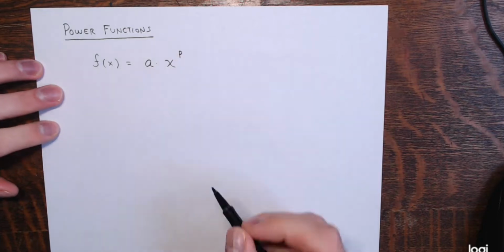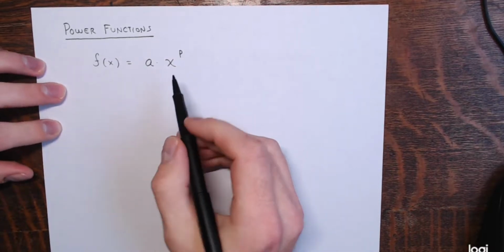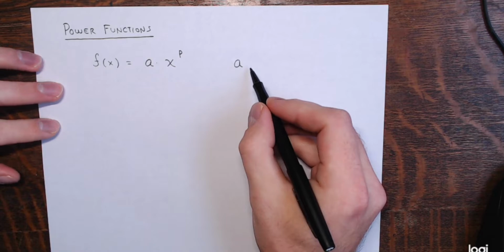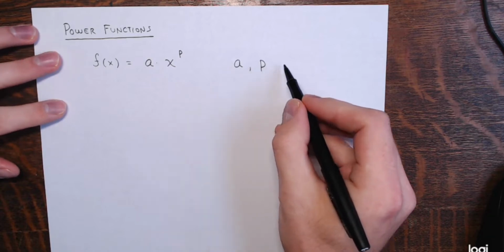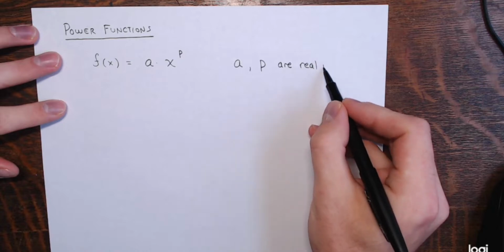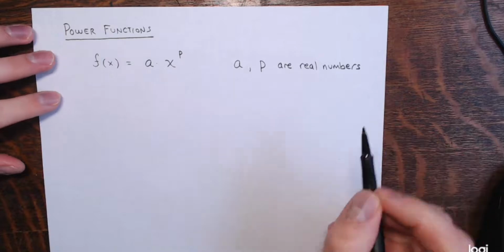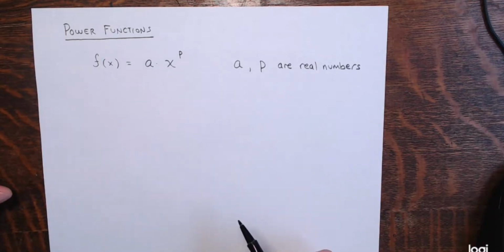I'll use p, right, for power, where a and p are real numbers. And that's it.